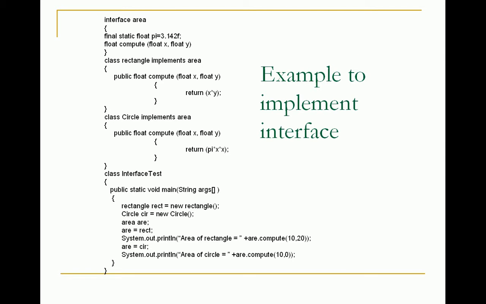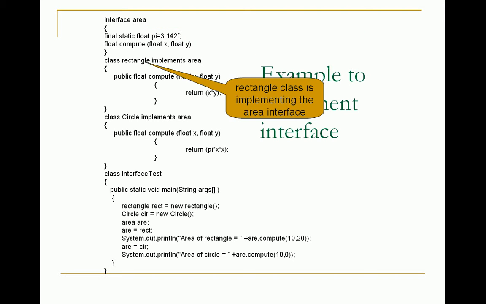We will see a small example of how to implement the interface. In this example, we have an interface called area, which has a variable called pi storing the value 3.142 float. Then it has a method called compute, which returns float and takes parameters x and pi. After the interface, we have a class rectangle.